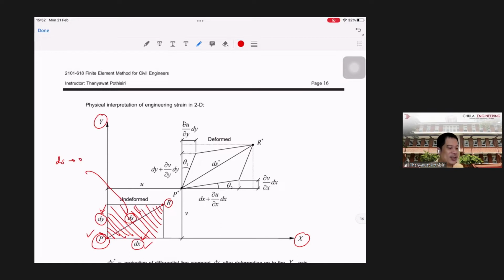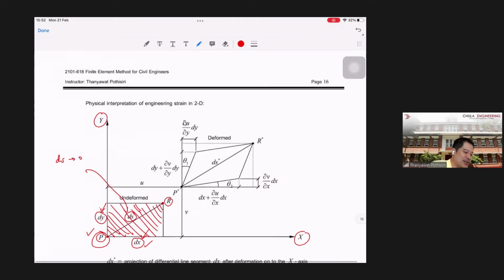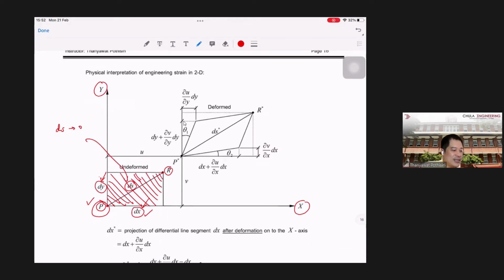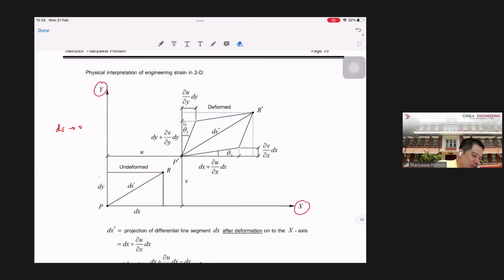What is epsilon x if you look at dx and dy? So along this side, you would see that, let me erase this so you won't get confused.